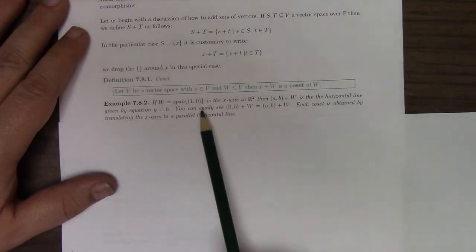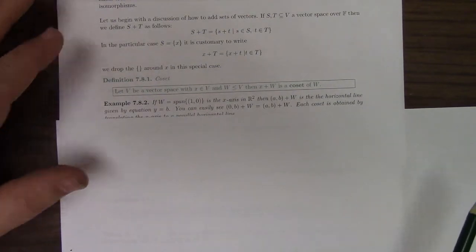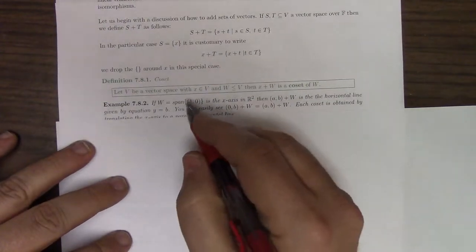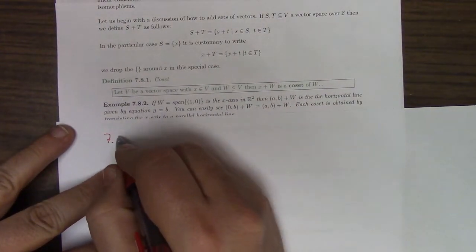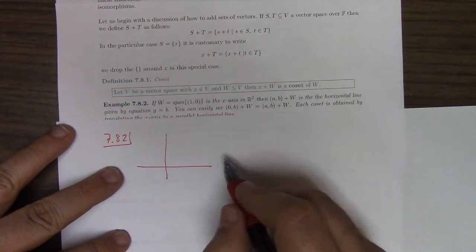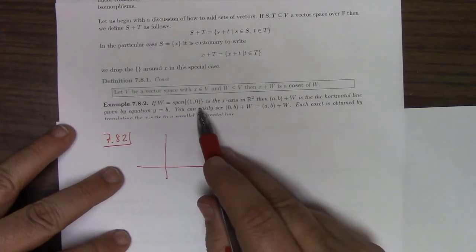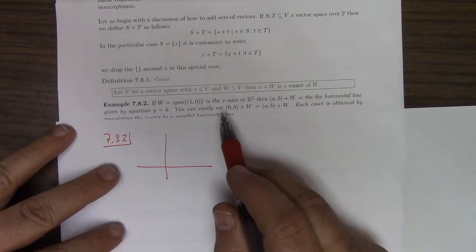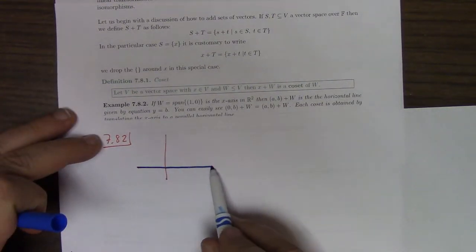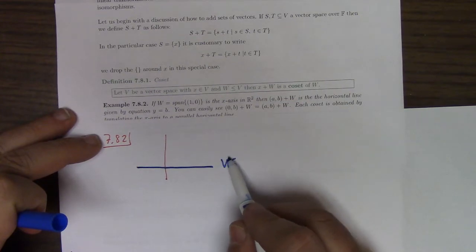So like, I have W as the span of (1, 0). Here, let me draw some pictures while I'm doing this. So for this example, 7.8.2, W is, let me draw a picture here. Here's R2. What is W? It's the span of (1, 0). That is, of course, the x-axis, right? This is W itself.